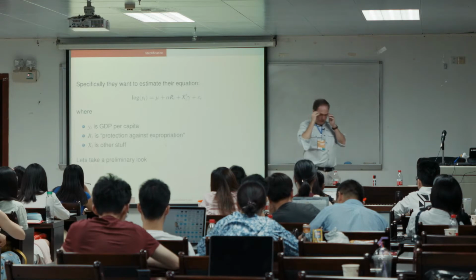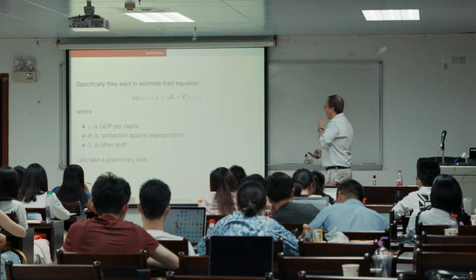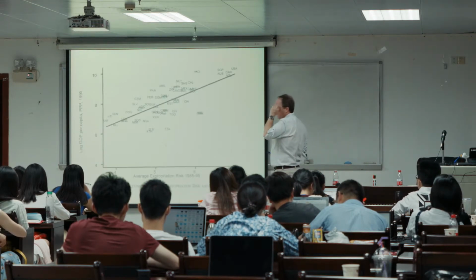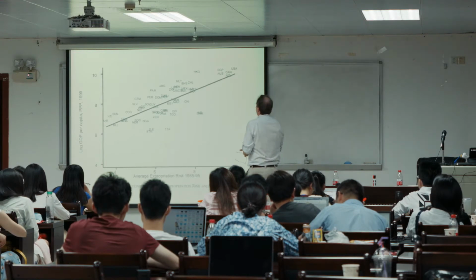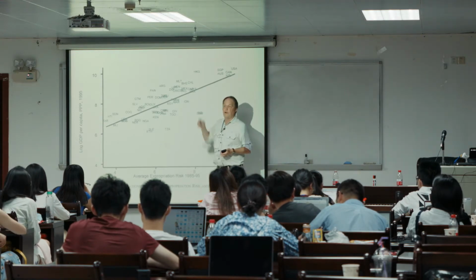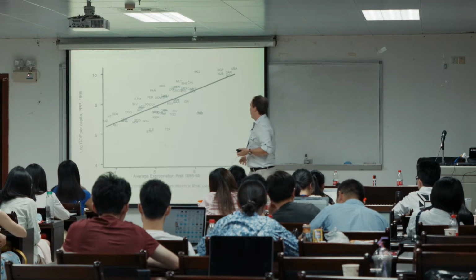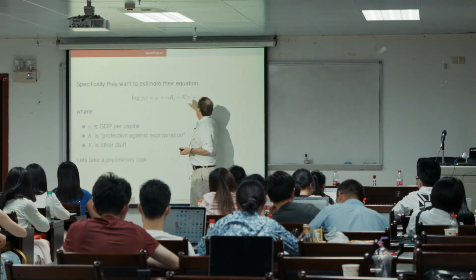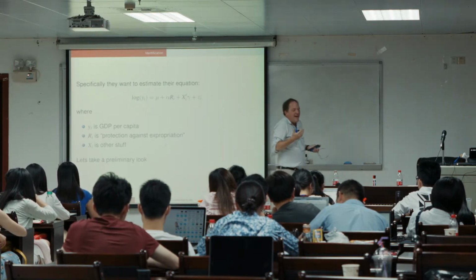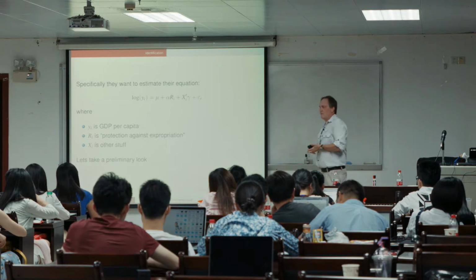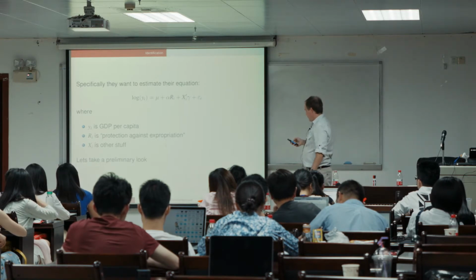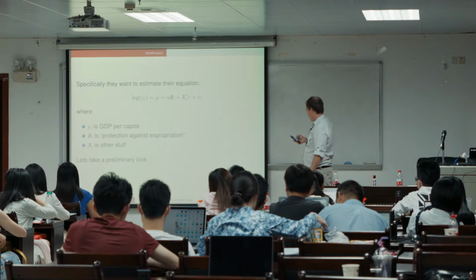We already took that preliminary look, and you saw what it looks like. So the problem is we don't believe that this thing is uncorrelated with the error term. That is, we think that R_i is likely correlated with the epsilon_i, and the correlation is probably positive. I mean, most stories that you would come up with, that's what you would be worried about. So we need an instrument.